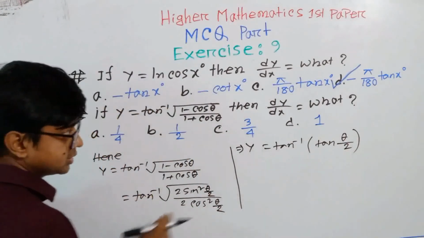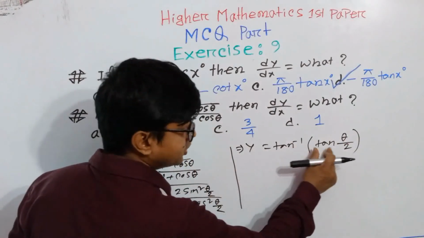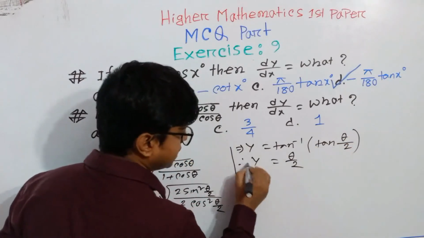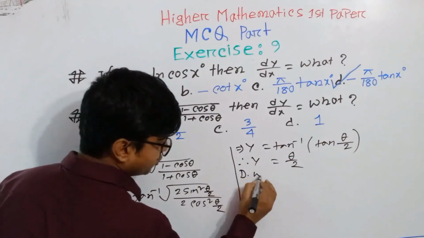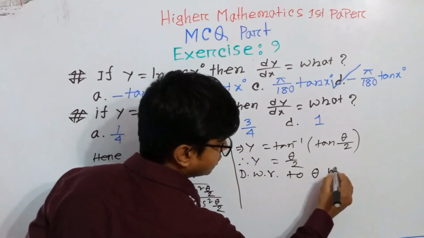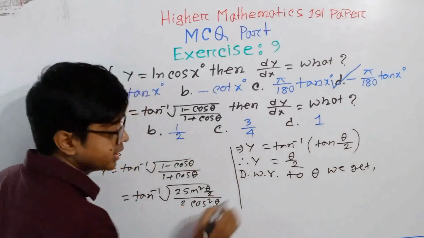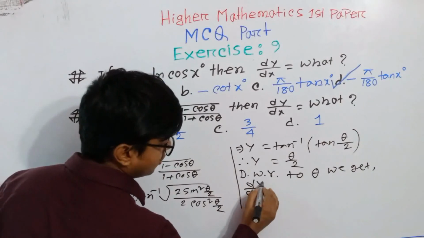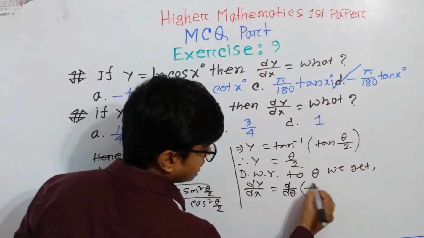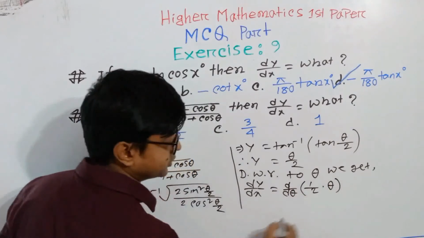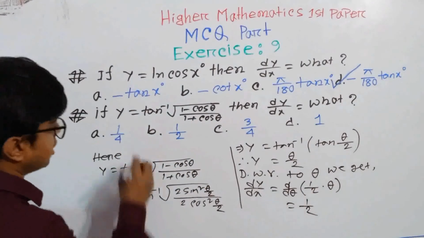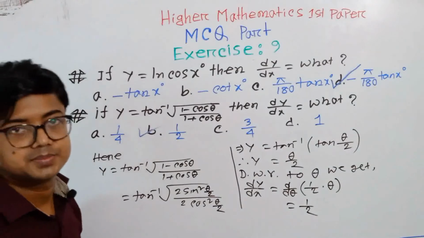We know that tan inverse of tan theta by 2 is theta by 2. Now differentiating with respect to theta, we get dy/dx equals 1 by 2 into theta. So our answer must be 1 by 2. This option is the correct answer.